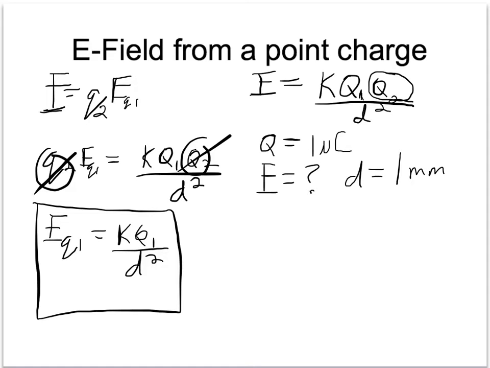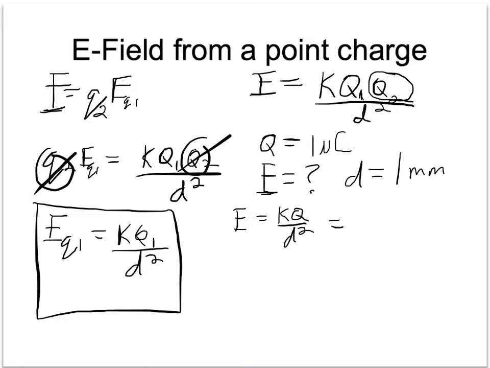So I'm looking for the electric field strength from this charge with 1 microcoulomb when I'm at a distance of 1 millimeter. So we just wrote that electric field strength is kQ over the distance squared.